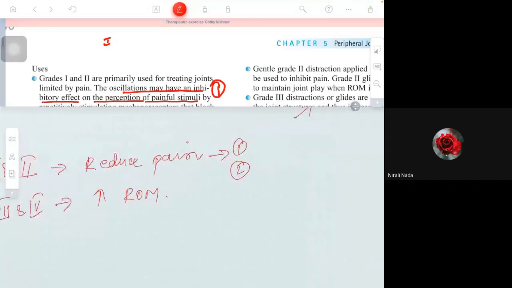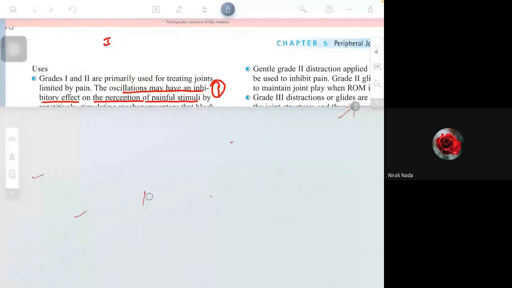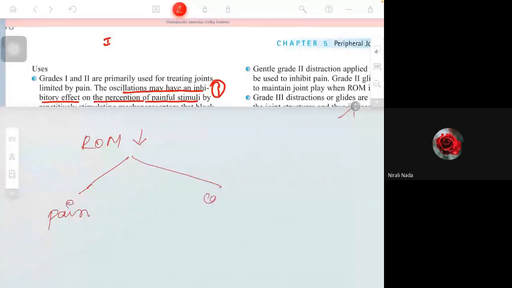Okay, again I'll repeat. Range of motion is reduced due to 2 reasons. One is because of pain, one is because of capsular tightness.